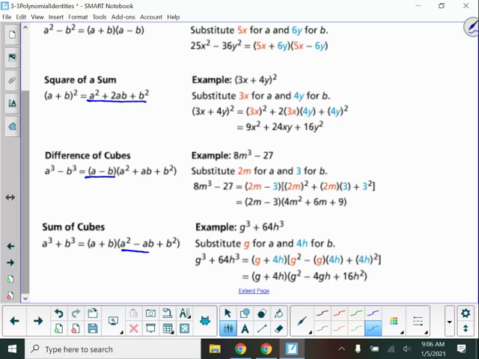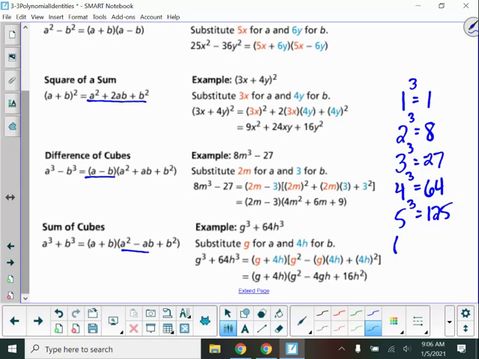We have the perfect squares that we went over in class. Your cubes: 1 cubed is 1, 2 cubed is 8, 3 cubed is 27, 4 cubed is 64, 5 cubed is 125, 6 cubed is 216, 7 cubed is 343.